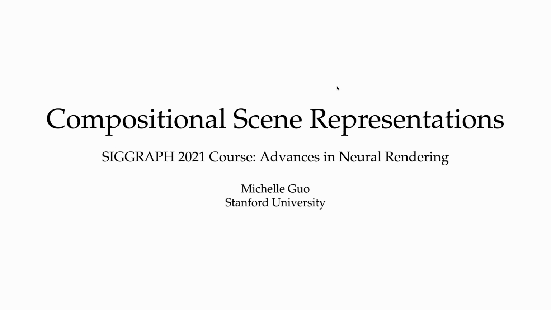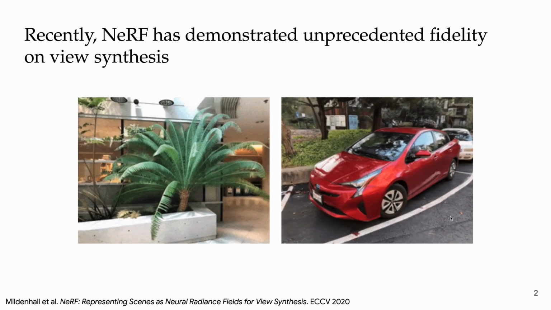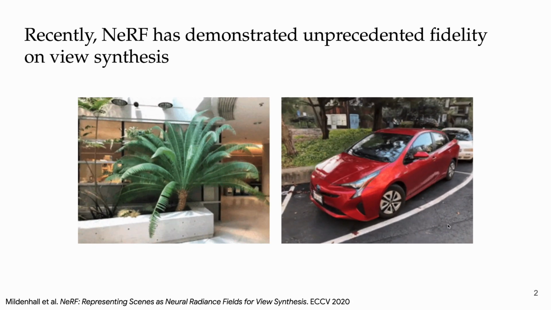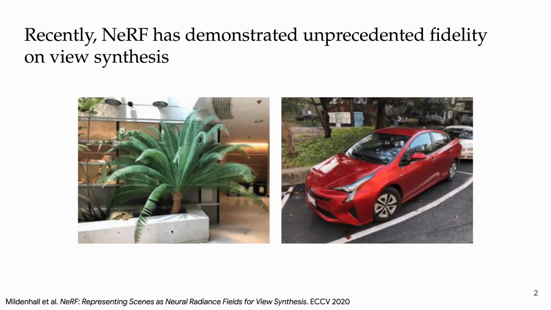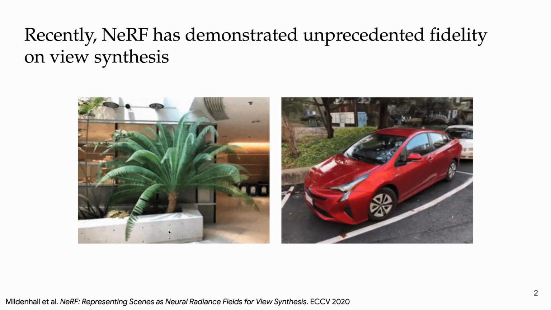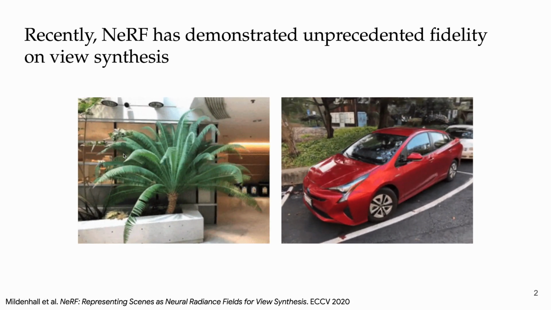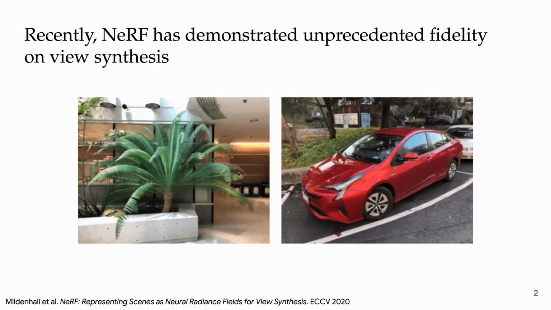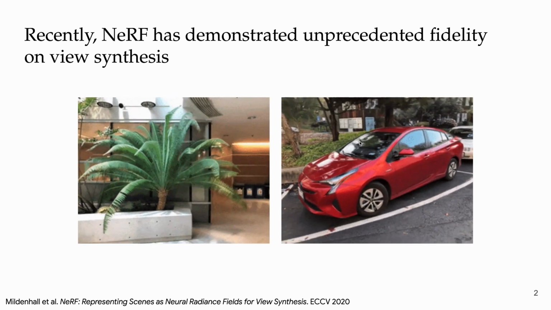I'm from Stanford University, and today I'll be talking about compositional scene representations. As you probably all know, and previous talks in this course have already covered, NeRF is a recent work that is able to demonstrate really high fidelity renderings on the task of novel view synthesis.